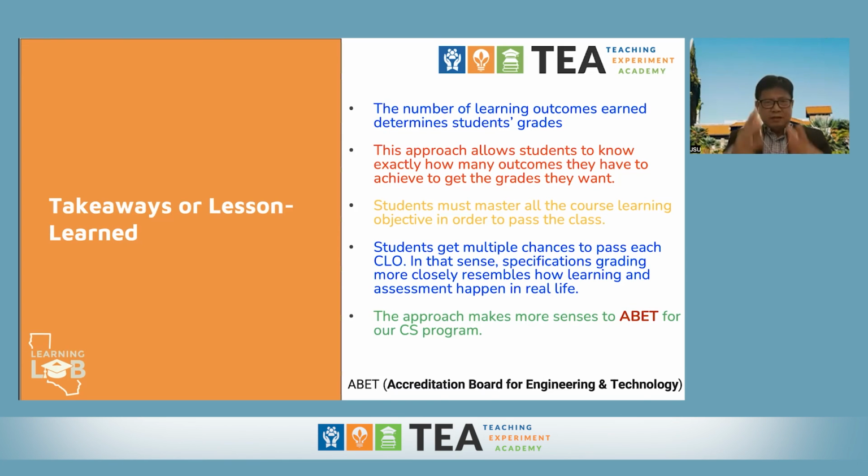Using this specification, in the beginning of the semester when I introduce the course syllabus, students focus on what the learning outcomes and course learning objectives are. They pay attention to that. Using a traditional approach, they don't care. They just want to get a good grade, no matter whether this professor is nice and gives me a good grade, right? So they are not going to pay attention to the things they are going to learn.